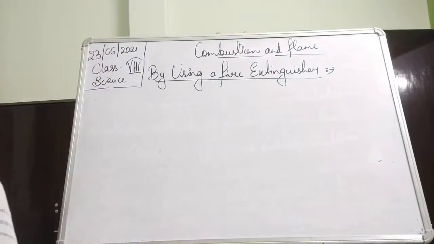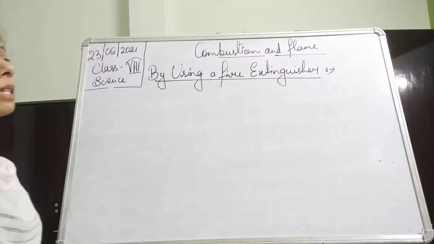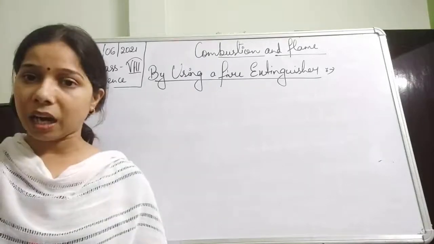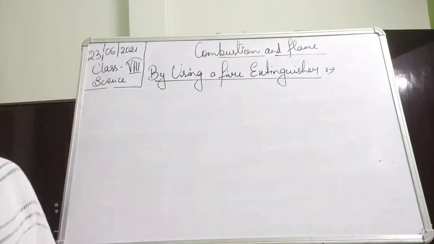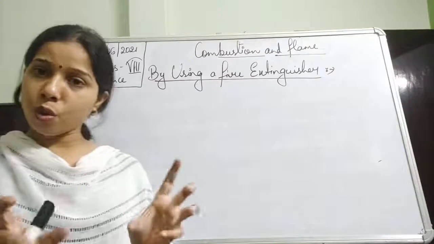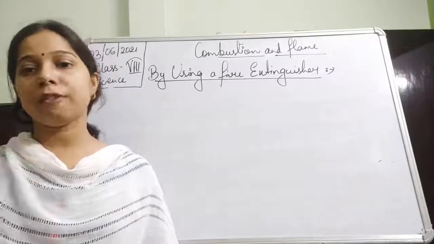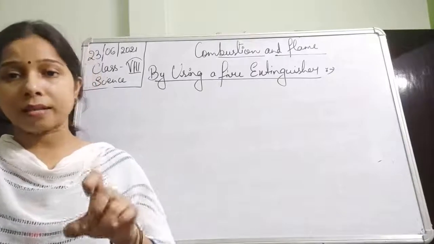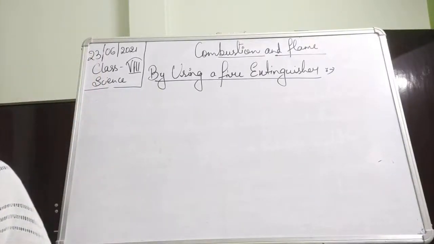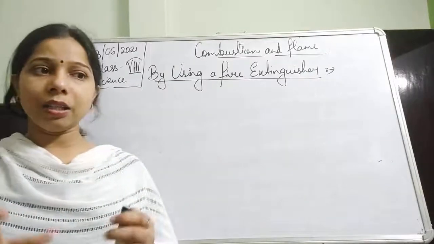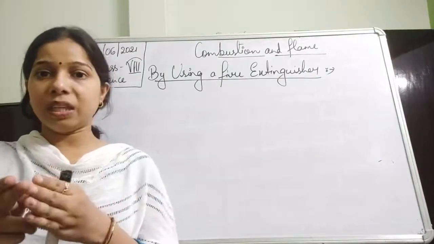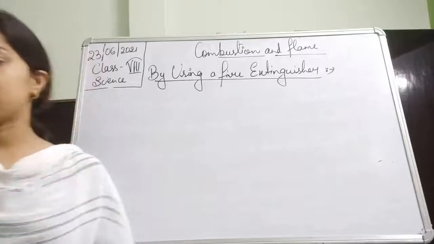What happens in the soda acid fire extinguisher? It consists of sodium bicarbonate and sulfuric acid, and these two are in separate compartments. When we use it, when you press it, these two compartments mix with each other at that moment.